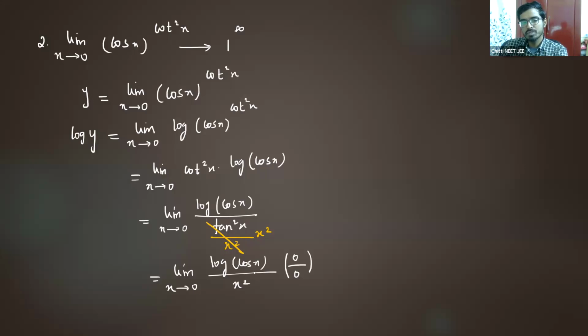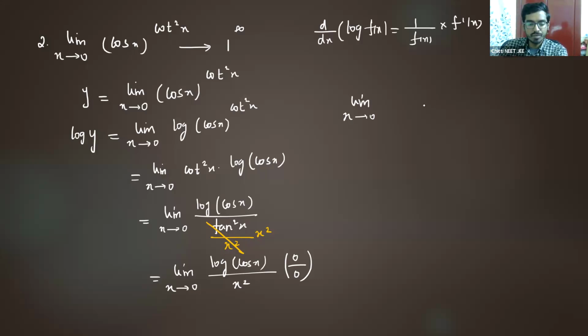Now it is of the form 0 by 0, right? Because cos 0 is 1, log 1 is 0. So we will apply L'Hospital's rule. What is d by dx of log of f of x? It is 1 by f of x into f dash of x.